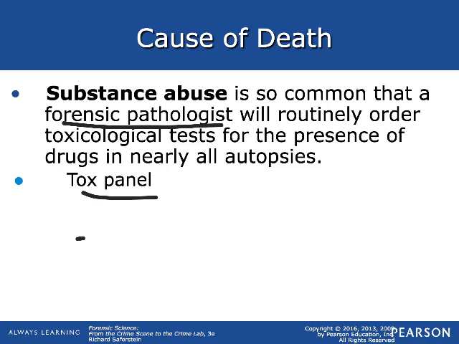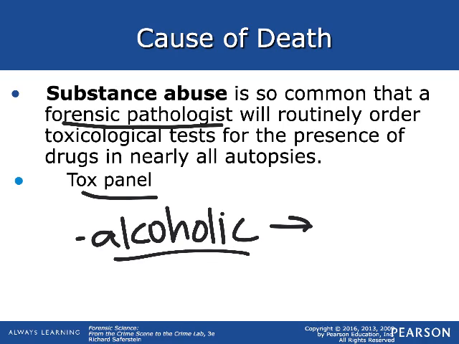If someone, like an alcoholic, dies over time, so they've gradually drunk themselves to death, that's actually labeled a natural death, because it wasn't that the alcohol suddenly killed them like an overdose. It's a natural death over time. An overdose is, I guess, a little bit different.